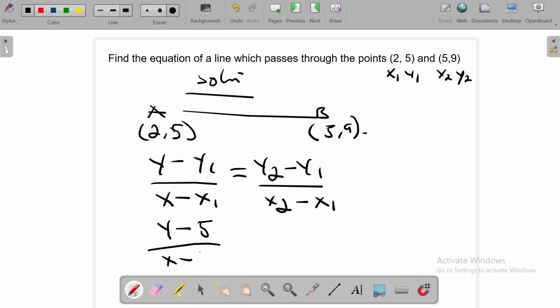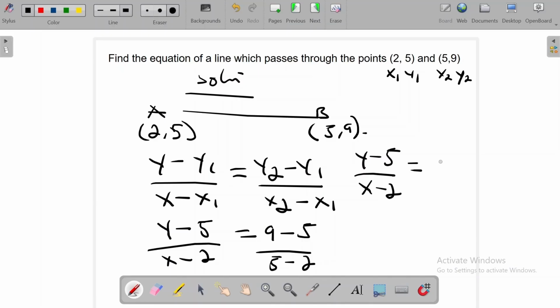So it becomes 2. And what is my y2? That is a 9. What is my y1? That is a 5. My x2, that is a 5, and my x1, that is a 2. So this becomes y minus 5 over x minus 2 is equal to 9 minus 5, which gives us a 4, over 5 minus 2, which gives us a 3.